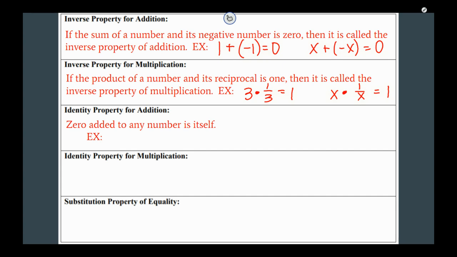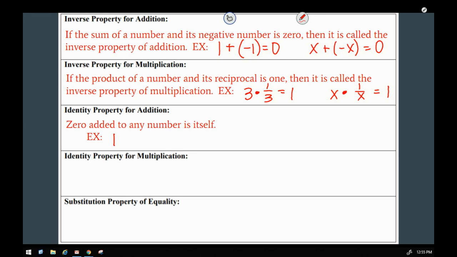So Nathan, what's your favorite number? 11. So 11 plus 0 is still gonna give you 11. Isn't this crazy? That's the craziest math you've ever heard in your life. Same for x. X plus 0 is still gonna give you x.